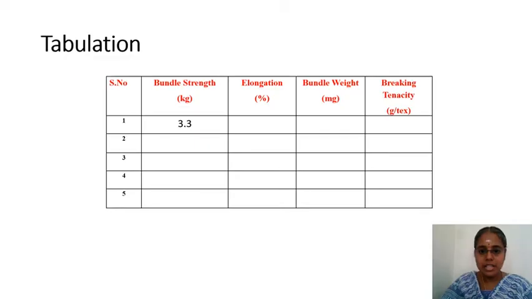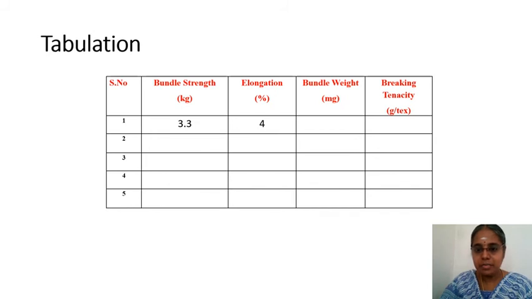The elongation scale reading and the load reading have to be noted in the tabular column. The load reading we found was 3.3 kgs, which is nothing but the bundle strength, that is in kgs. The elongation was 4%. So those have to be noted in this tabular column. Next, we have to find the bundle weight and the breaking tenacity. The breaking tenacity has to be calculated using bundle strength and bundle weight using a formula, whereas bundle weight has to be found using the experiment.